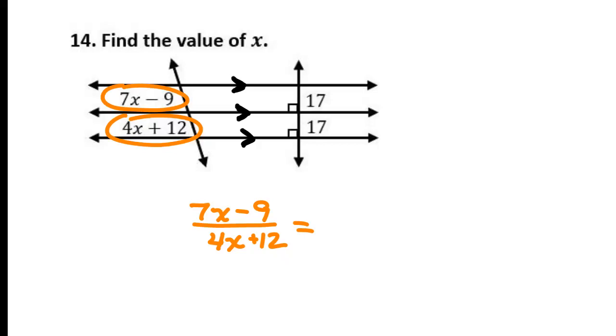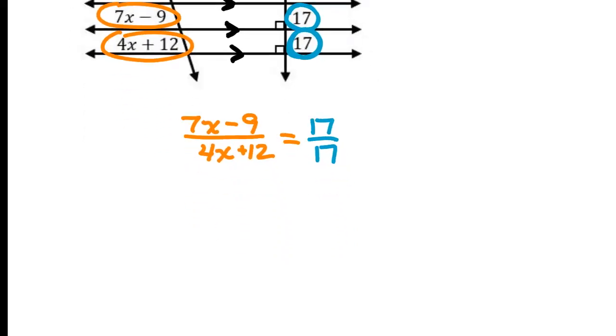And that would be equal to, and then I come over to the other transversal, and I look at those two pieces, and I make a fraction out of that. So 17 over 17. What is 17 divided by 17? It's 1. So 7x minus 9 over 4x plus 12 equals 1.